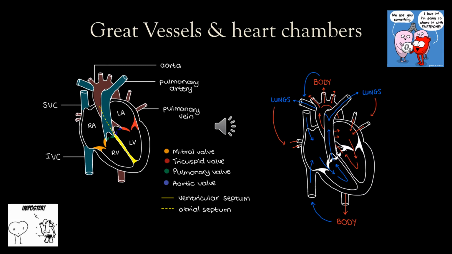Now, despite what some people might tell you, the chambers which make up the heart are not simply empty sacs. They are distinct structures with features which are specialized to suit their functions.